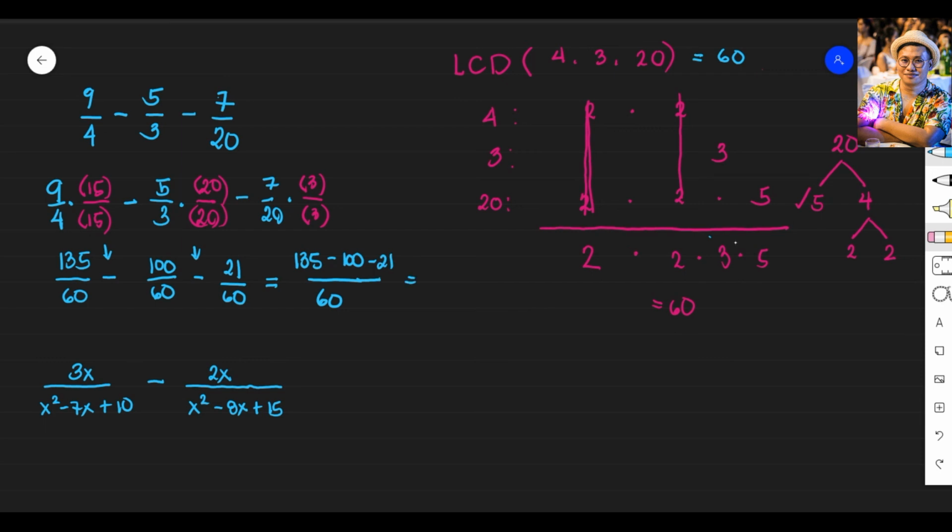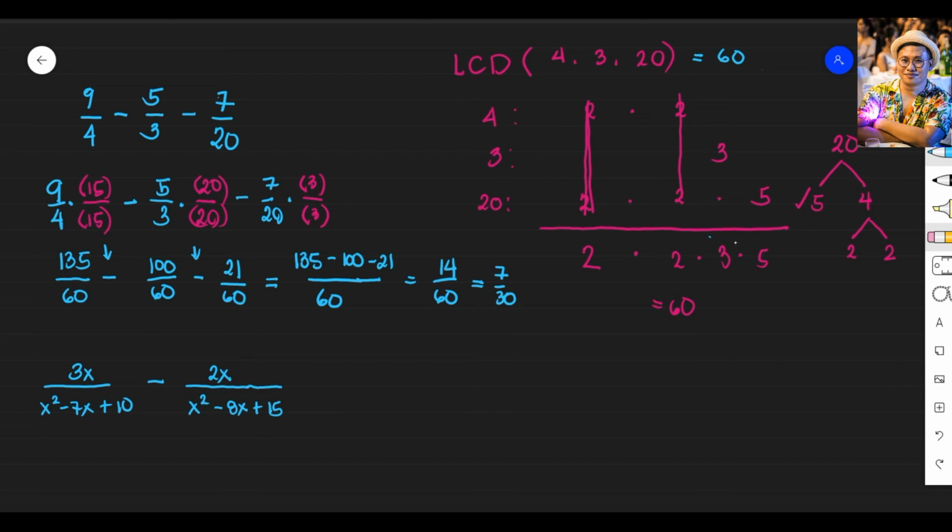And let us simplify this. 135 minus 100 minus 21, the result is 14 over 60. And we know that 14 over 60 can still be reduced to its lowest term. What is the answer? That's going to be 7 over 30.